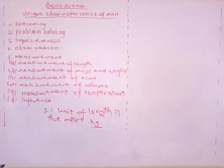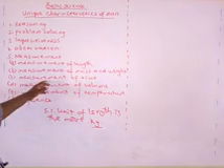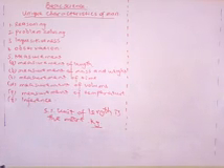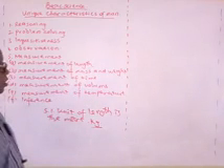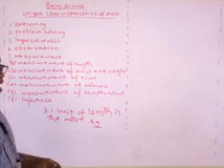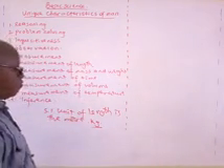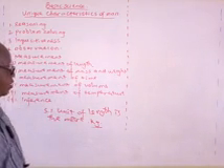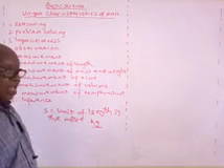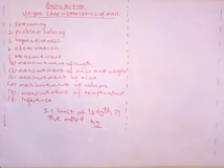Then time. So in the laboratory also, we measure time. Time is how long a task takes to be performed. And the SI unit of time is the second. I think you are all familiar with time.